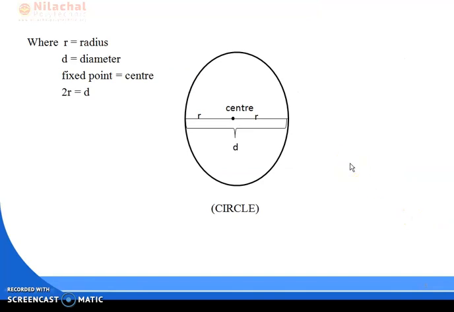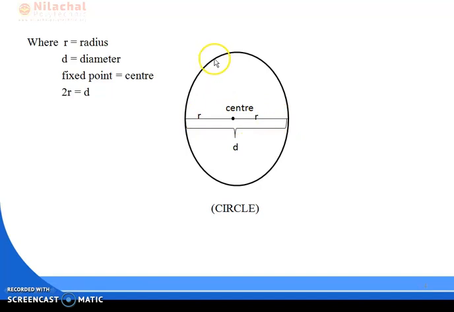And also we can say that a circle is the locus of a point which moves in a plane in such a way that its distance from a fixed point is always constant. That means this constant distance is called the radius and the fixed point is called the center. Let's see the circle figure here. Here is the center, this is any point on the circle, and this is the radius.